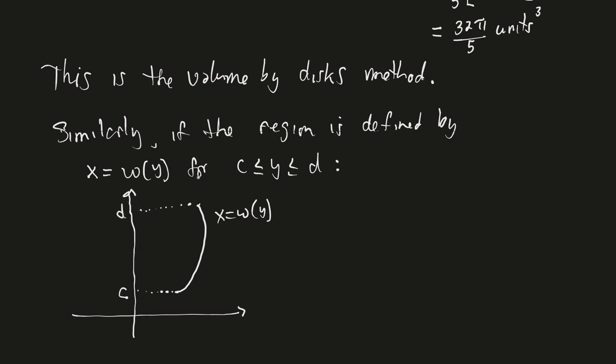And now let's say we revolve this around the y-axis. Because the function is in terms of y and the limits are in terms of y, it seems like a natural way to revolve it around the y-axis. So then the solid looks like this.